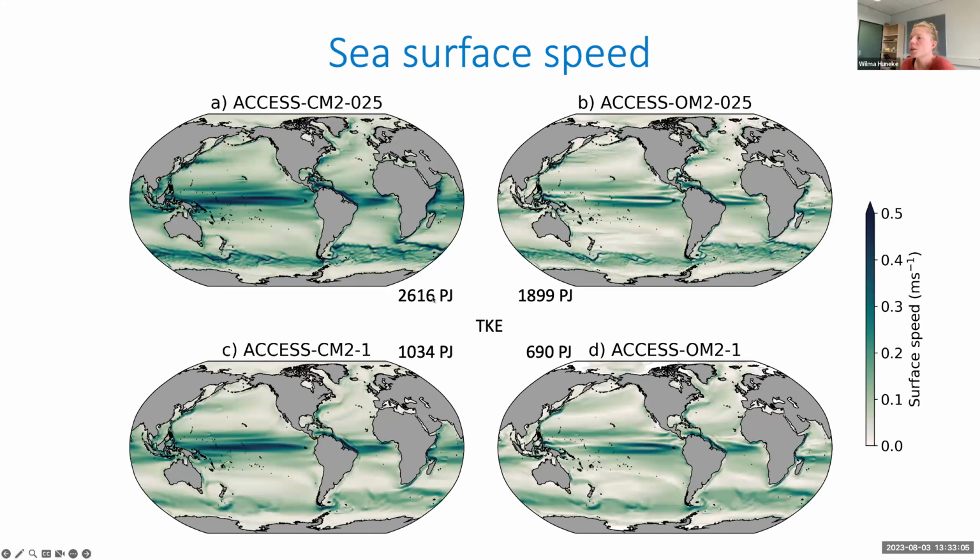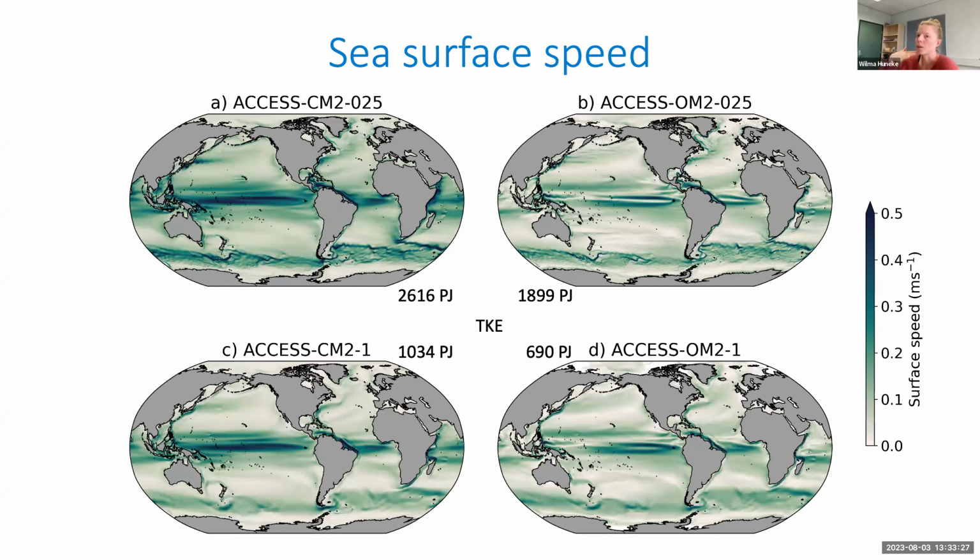Another example is the surface speed. So I don't have observations here, so I plotted on the bottom right, sorry, the 1-degree ocean-only version. And when you compare those two, on the left we have the coupled model, on the right we have the ocean-only version.